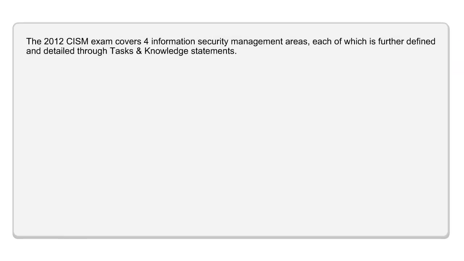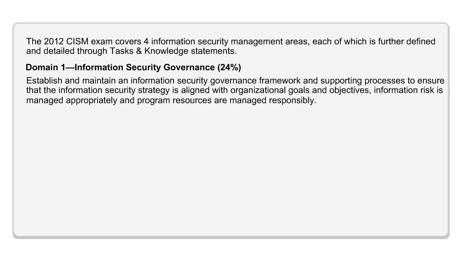We will now look at the objectives of each of the CISM domains. The 2012 CISM exam covers 4 information security management areas, each of which is further defined and detailed through the tasks and knowledge statements. Domain 1, Information Security Governance, 24%.